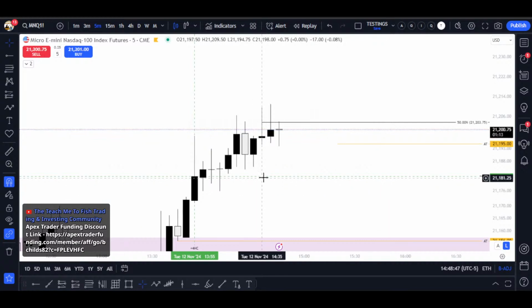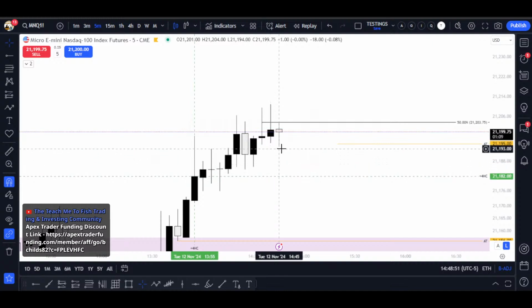Right. We swept the low of 240. We'll see if it closes below and gives us a lower sell side algo target.